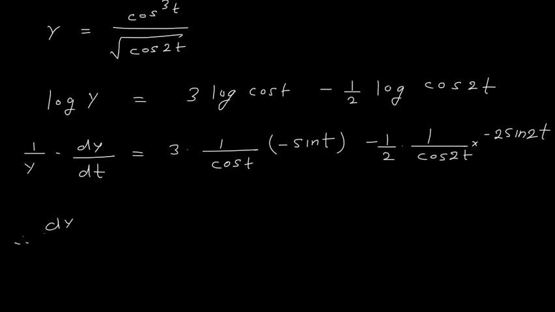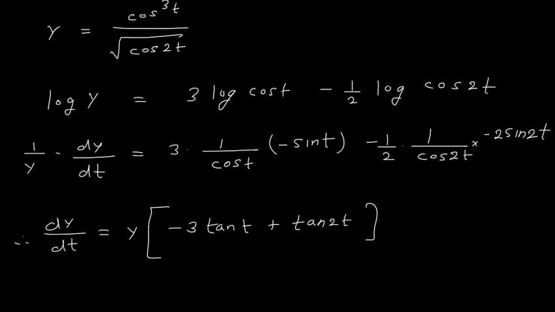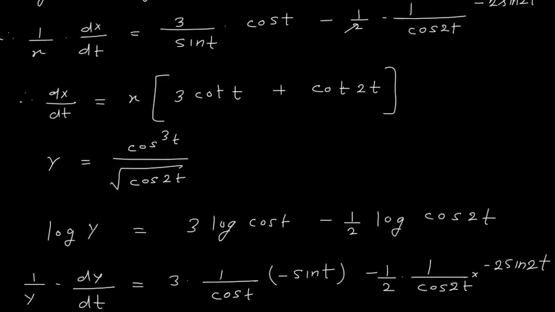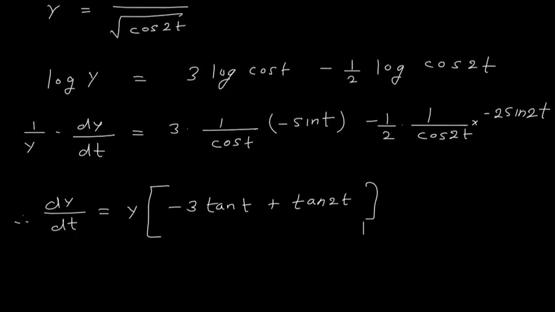So therefore dy upon dt is equal to y into, now here I have minus 3 into sin upon cos, which is tan, so minus 3 tan t, and this minus minus plus, now this sin upon cos is tan, so this is plus tan 2t. So minus 3 tan t plus tan 2t, and here in the numerator we got 3 cot t plus cot 2t.